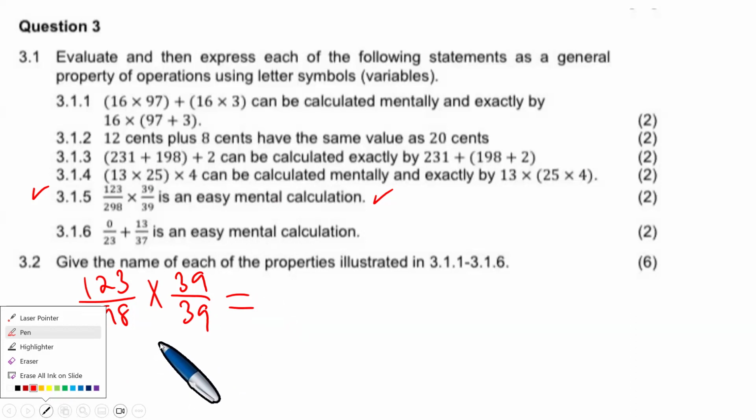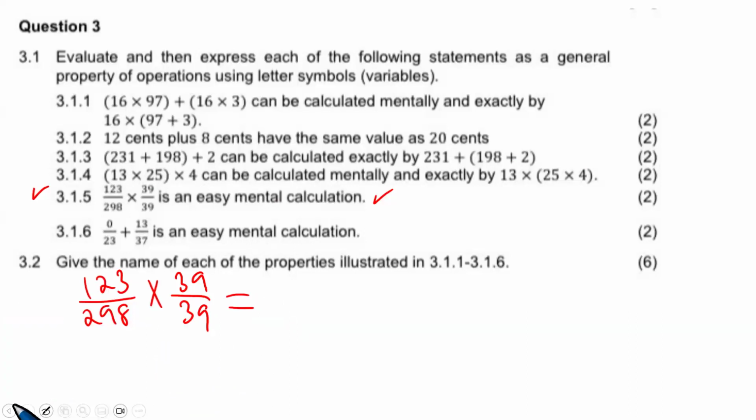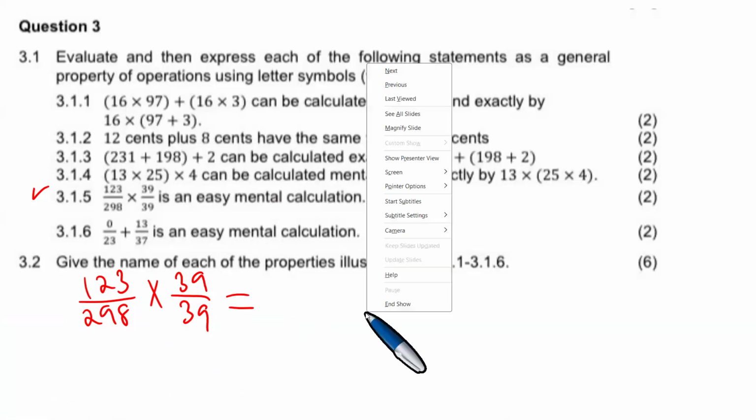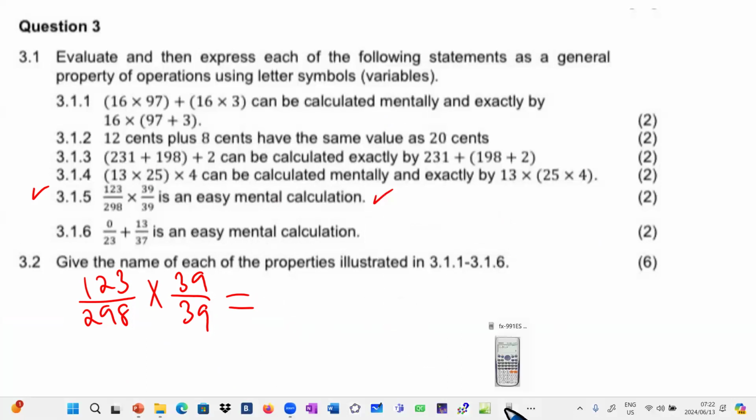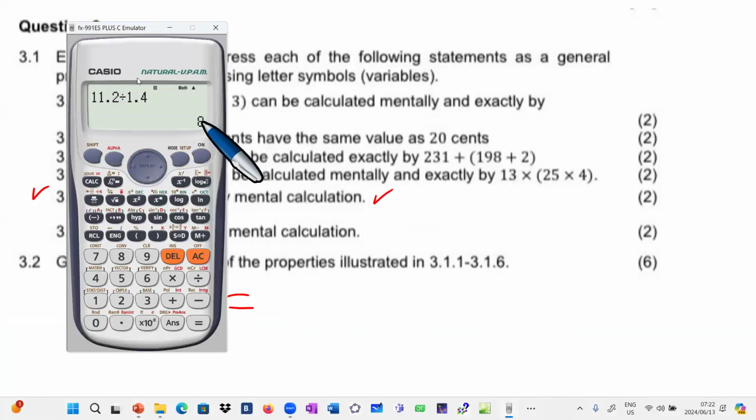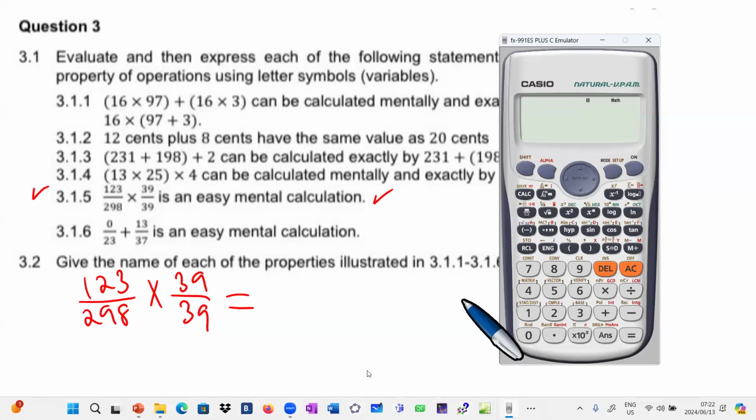Now, there are explorations that students can do here. You can launch your calculator to assist you and save time, as a sort of investigation of this. You can take a calculator and say, what about 123 times 39? We're investigating.